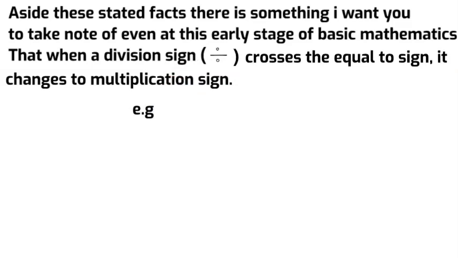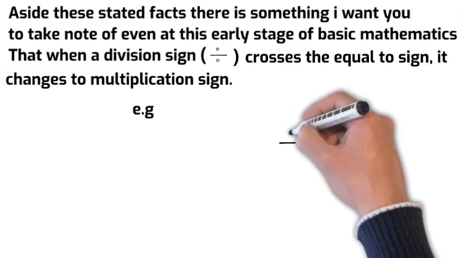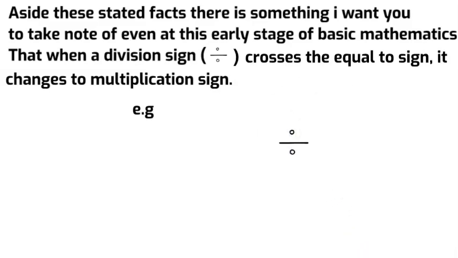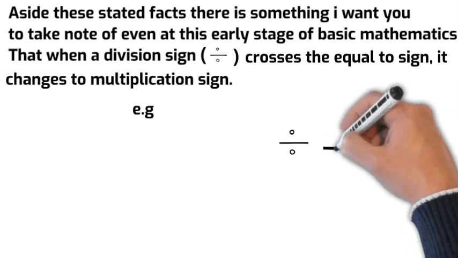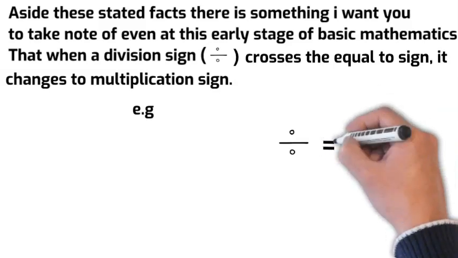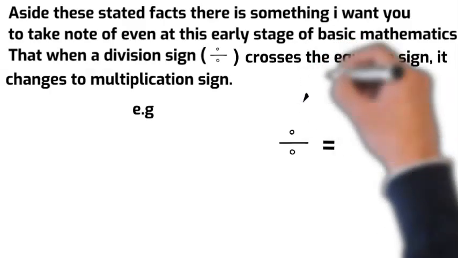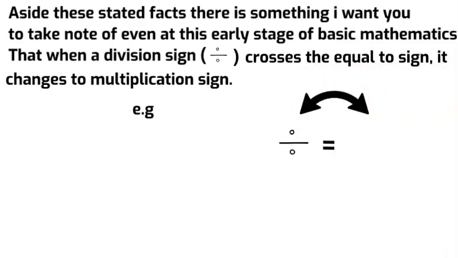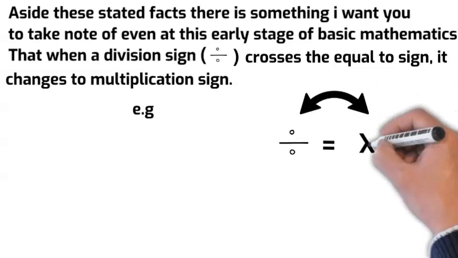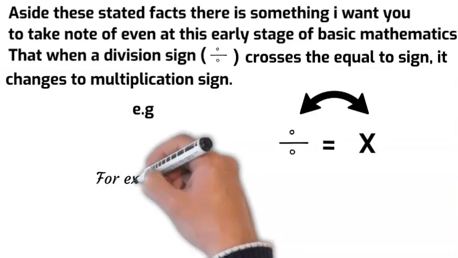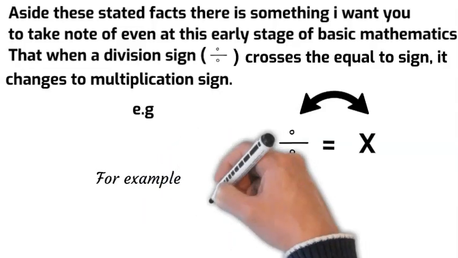For example, we have a division sign. Now, when it crosses over the equal to sign, it changes identity to a multiplication sign.